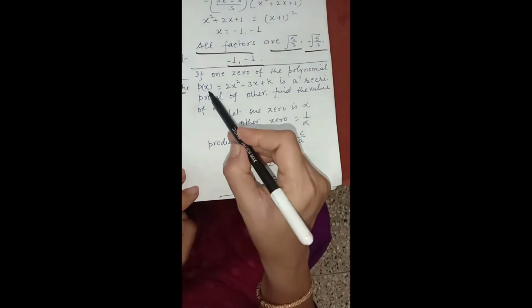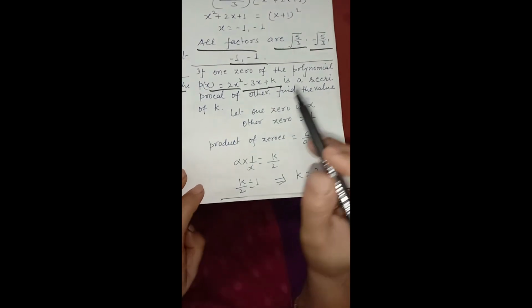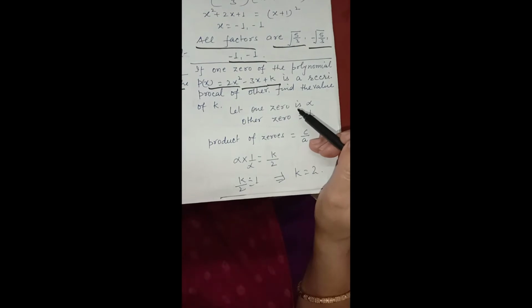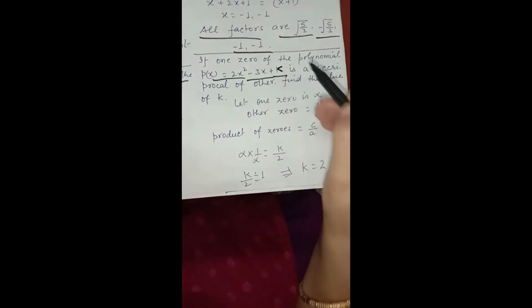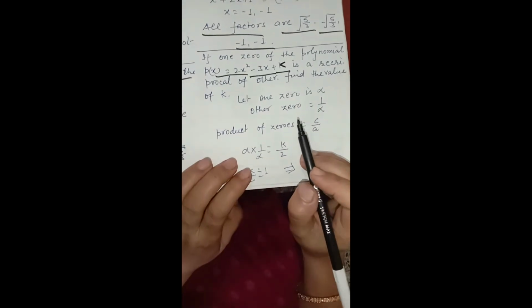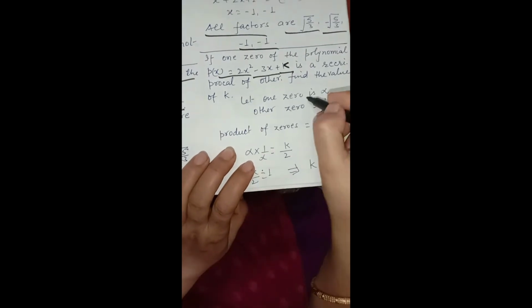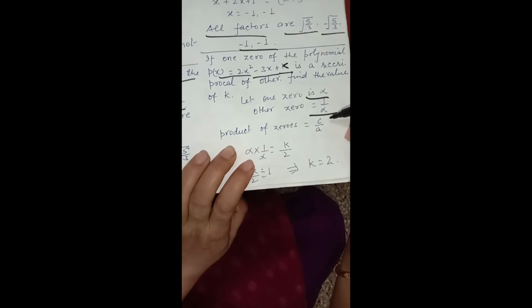We are given a polynomial as 2x square minus 3x plus k, and one of the zeros is the reciprocal of the other, meaning both the zeros are reciprocals of each other. You have to find the value of the constant term k here. So let us consider one of the zeros is alpha. So the other zero will be 1 upon alpha. It is the reciprocal of alpha, 1 upon alpha.